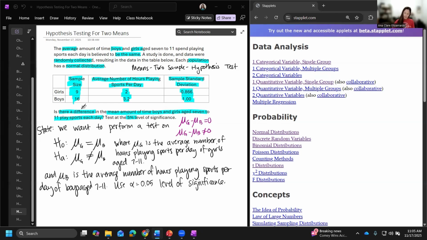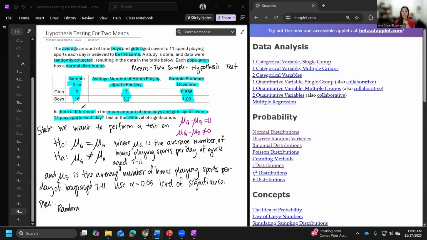Now we want to plan, which means we need to check our conditions. And our conditions that we're checking are random, independent, and large count / normal. So let's look at random. A study is done and data were randomly collected.